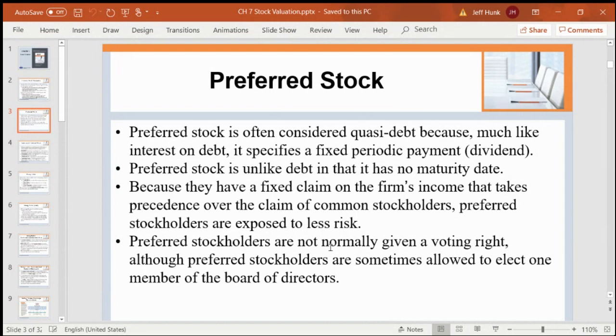That also includes preferred stock, because the source of dividend payment is coming out of the profit, right? So if the profit is zero, there is no way you can pay dividend, common or preferred.